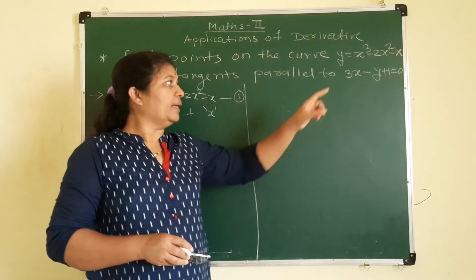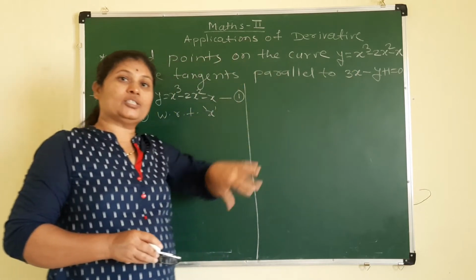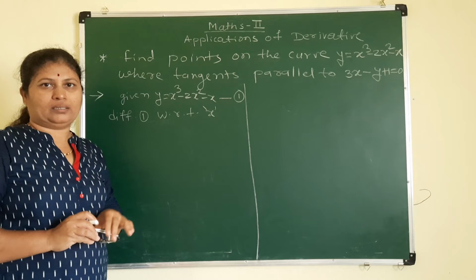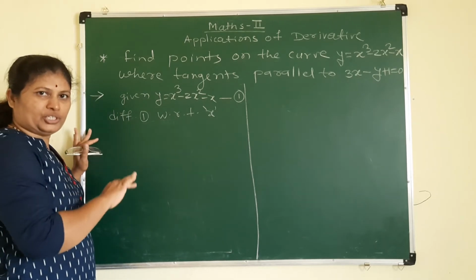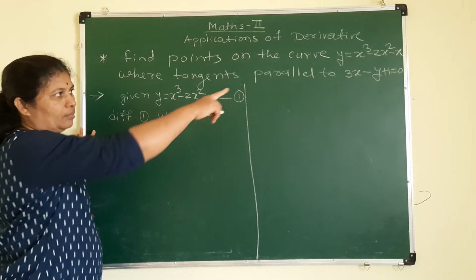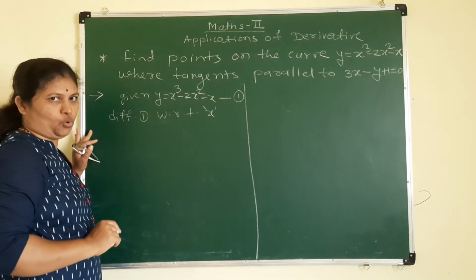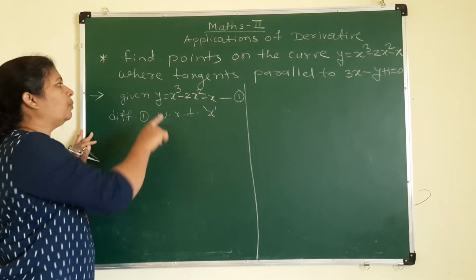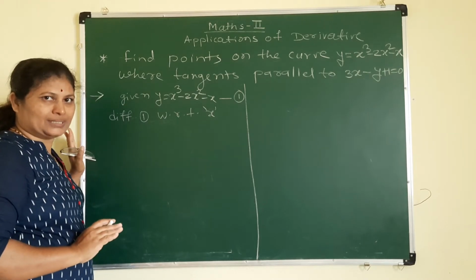So we can find slope of our tangent using this line, and that slope will be nothing but our value of dy by dx at that required point. So this is total process: differentiate, find dy by dx, find slope, and then equate that dy by dx to that slope, so that we can find the values of x, and by using value of x in this curve we will find the value of y. This is our process. Is that clear?